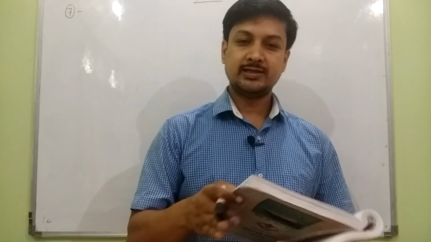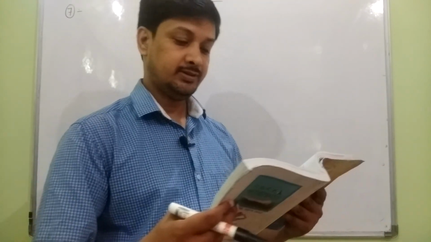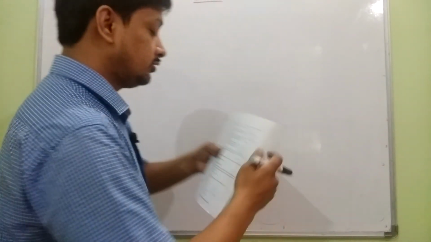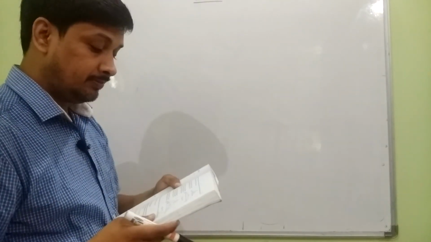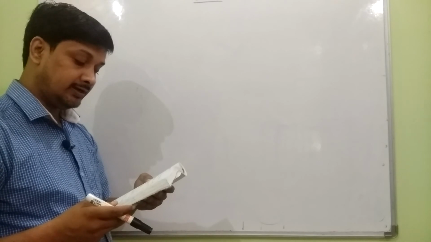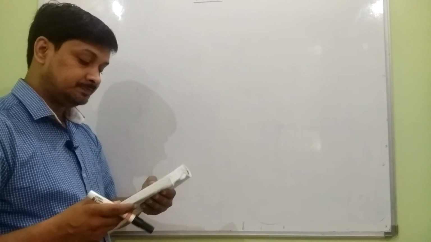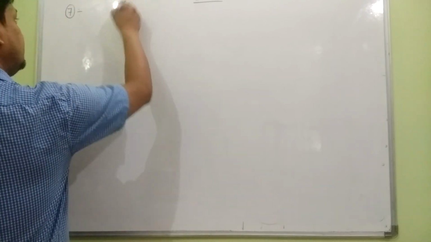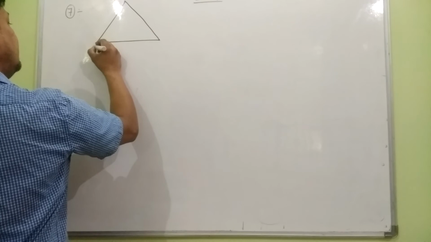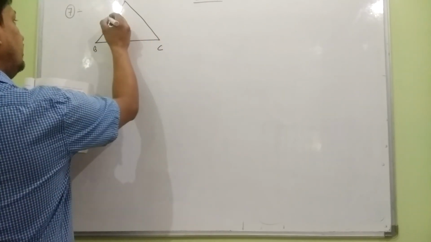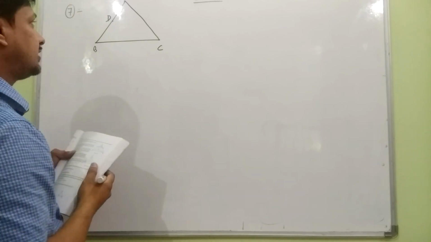We are doing exercise 6.2 and today we will start from question number 7. Question number 7 is: prove that a line drawn through the midpoint of one side of a triangle parallel to another side bisects the third side. So what is the question? We have a triangle ABC and we are drawing a line through the midpoint of any one of the sides.